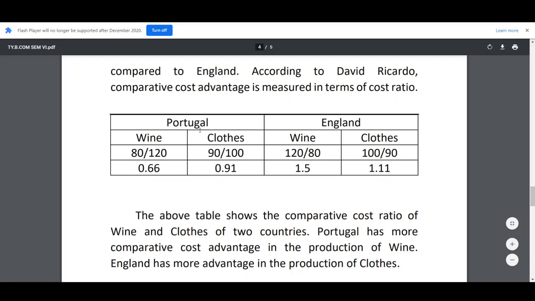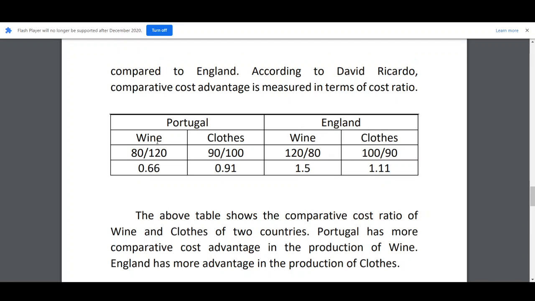And what is the cost ratio in the case of Portugal? In the case of the commodity wine, we can find the cost ratio by dividing. Understand? 80 divided by 120. 120 labor hours of England and 80 labor hours of Portugal. So what is the internal rate of exchange? Cost ratio, what is it getting? 0.66.